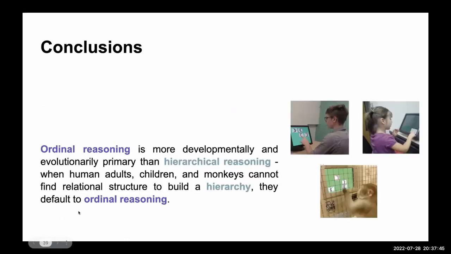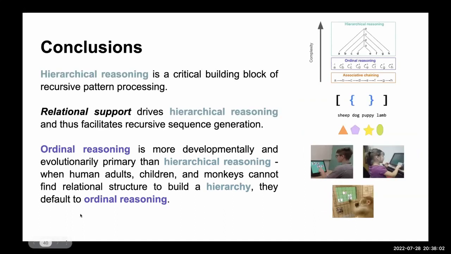And third, ordinal reasoning may be more developmentally and evolutionarily primary than hierarchical reasoning. When human adults, children, and monkeys cannot find relational structure to build a hierarchy, they default down to ordinal reasoning. These are all of the conclusions in a nutshell.